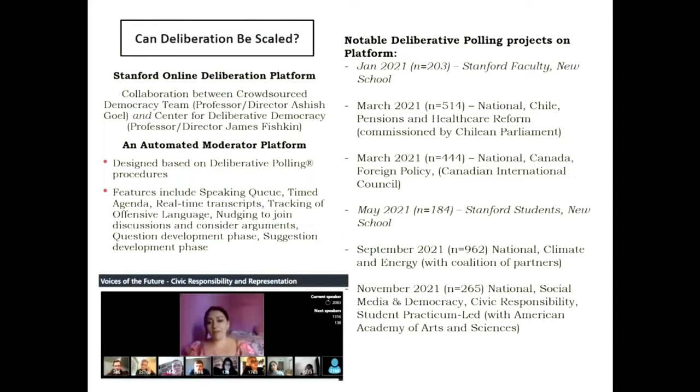There's a timed agenda, as normal moderators would do, in each part sectioning off how much time can be used for discussion. We have AI software that tracks offensive language.